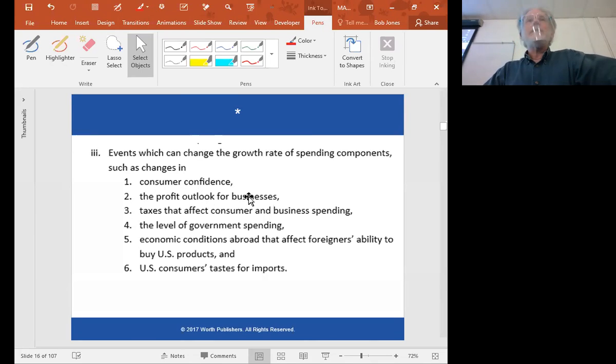Profit outlook for businesses. We said that how much businesses will choose to invest depends on how profitable they think it will be. And when you have an event that causes businesses to think investment's not going to be as profitable, they're going to cut back on investment. When you have an increase in uncertainty, businesses are going to cut back on investment.